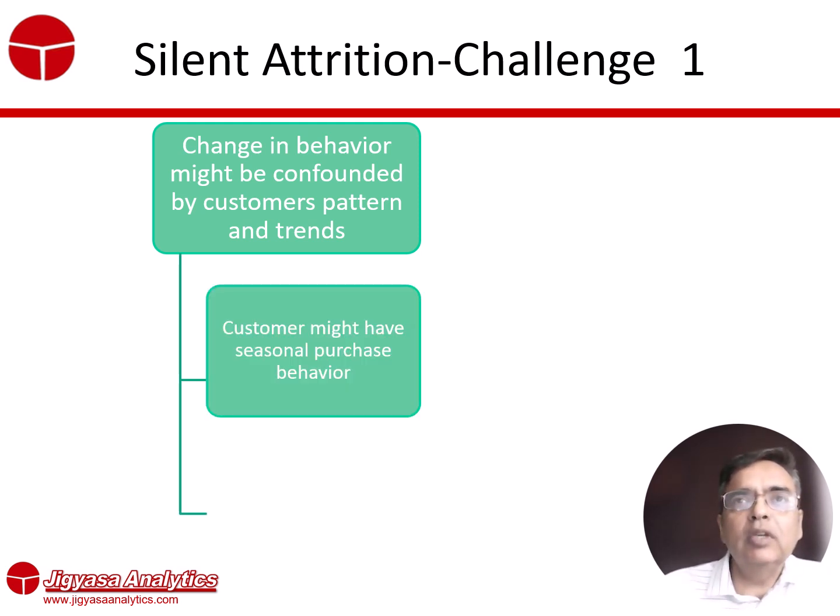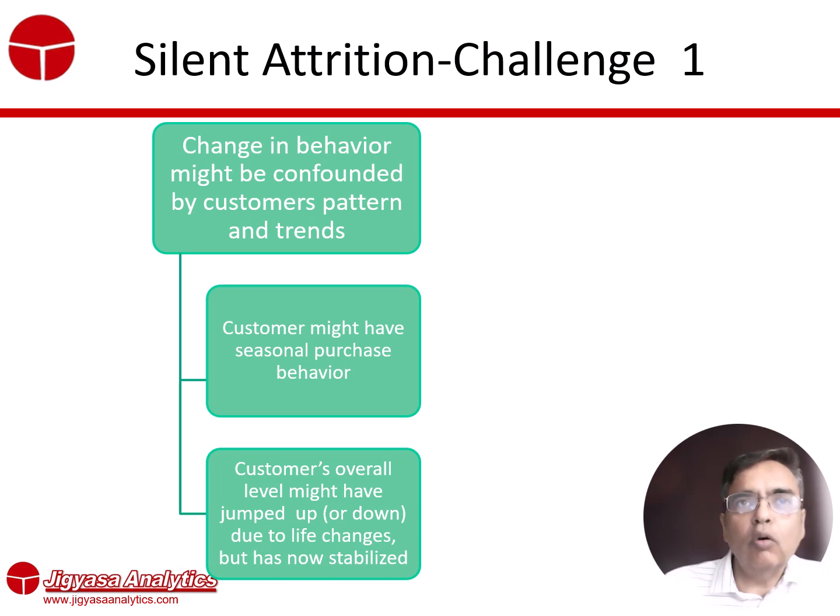The customer might be doing some seasonal purchase, and that seasonal purchase behavior might show up as a spike or drop in the engagement, and might be confused with silent attrition. And then the customer's overall level of engagement might change due to life changes, birth of a child, marriage, things like that, which change the overall pattern of behavior and the terms of engagement of the customer.